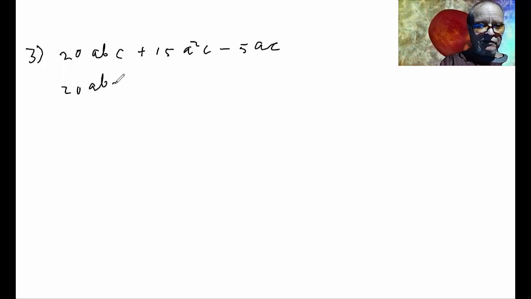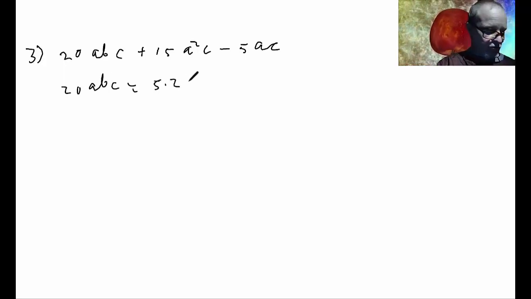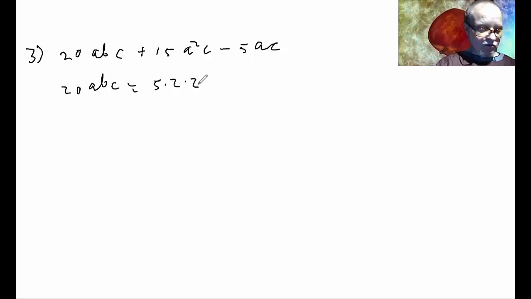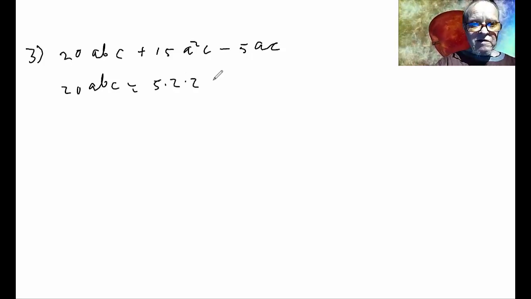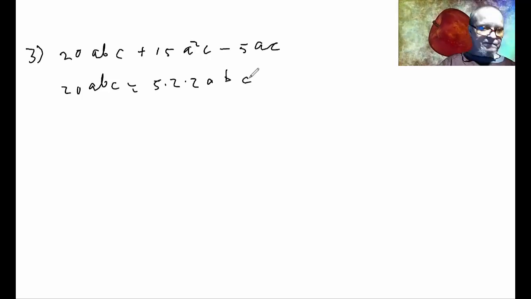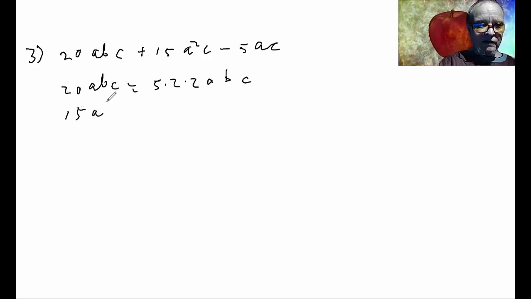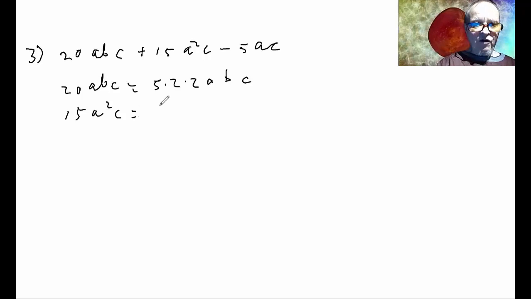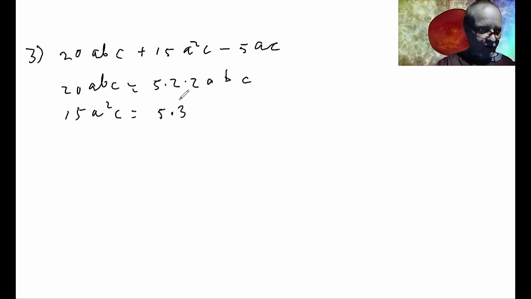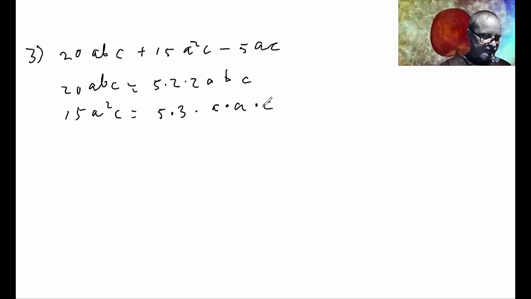20abc is equal to 5 times 2 times 2 times a times b times c. 15a squared c is equal to 5 times 3 times a times a times c.